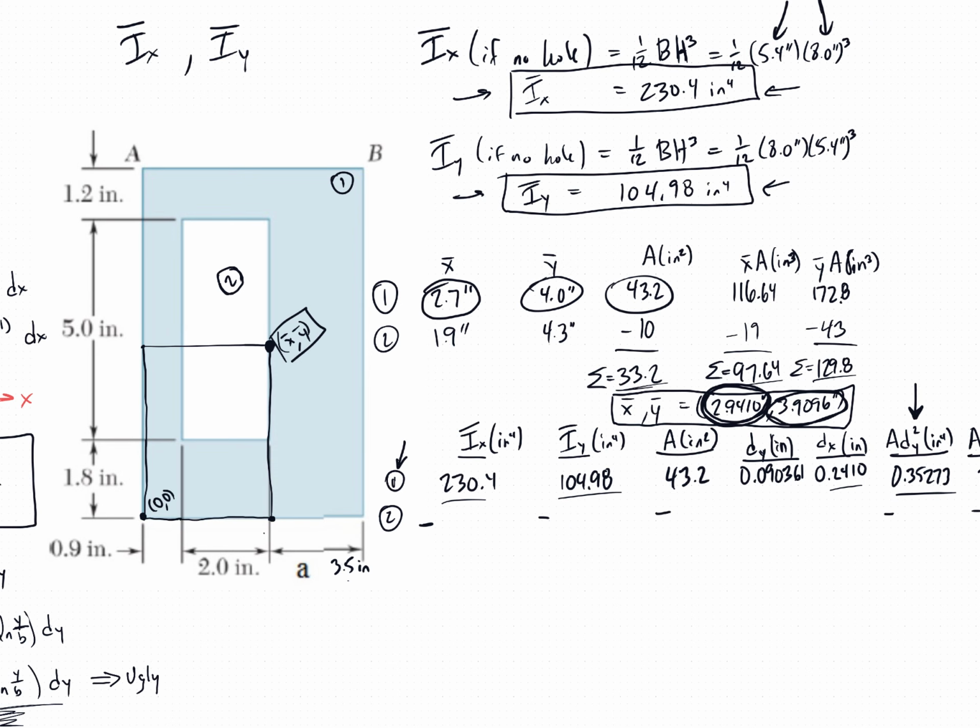This thing looks like this. In the x, this is our base, 2, and our height is 5. So we're going to have 1/12 times the base, which in this case is 2, times the height, which is 5 cubed. Okay, 20.833.